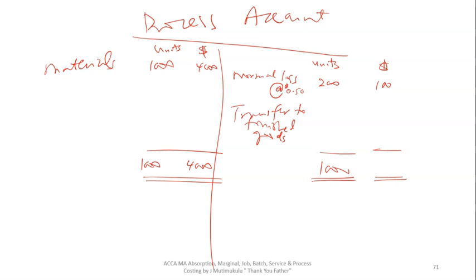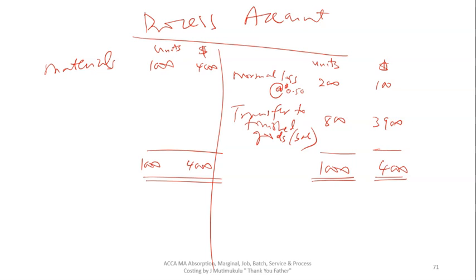Here we should get a total of 1,000 and here a total of $4,000. So the balancing figures, so transfers now are now balancing figures, the balance. So here obviously we should have 800 units being transferred out, and then here the balance should actually be 4,000 minus 100, that's 3,900, as we have already computed.